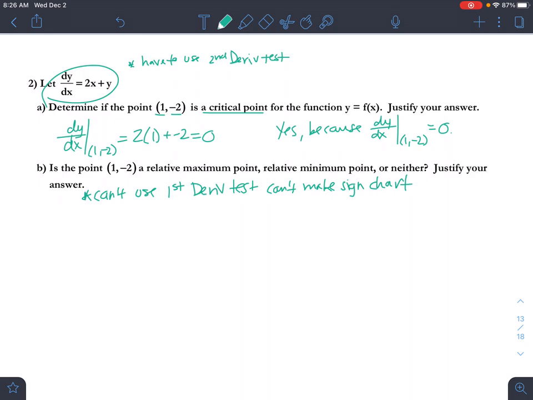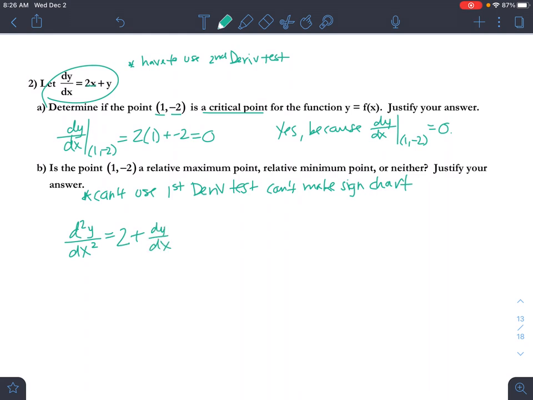All right, so how do we do that? Well, implicit, if you guys remember, we're going to take the derivative of both sides. This stands for the second derivative. Okay, what's the derivative of 2x + y with respect to x? All right, well, that would be 2 dx/dx, aka 2, right? x is just x, plus y, the derivative of y would be 1 dy/dx.